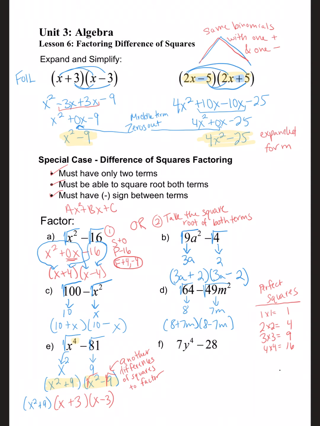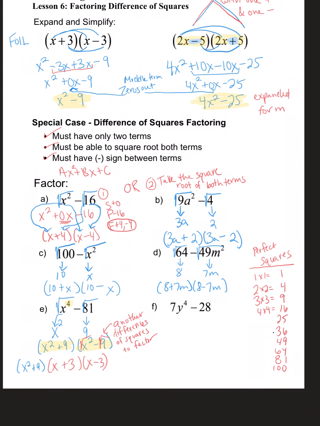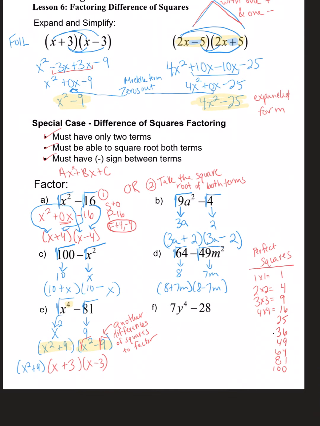So 5 times 5 would be 25, and then we'd have 36, 49, 64, 81, 100. 11 times 11 is 121, and 12 times 12 is 144. I would say you should know that all those numbers are perfect squares generally.